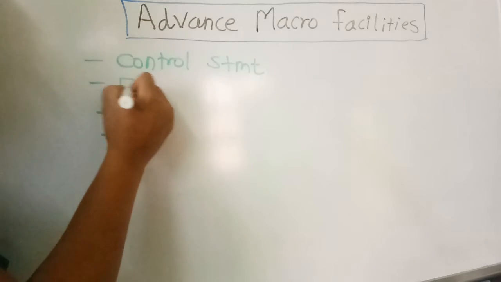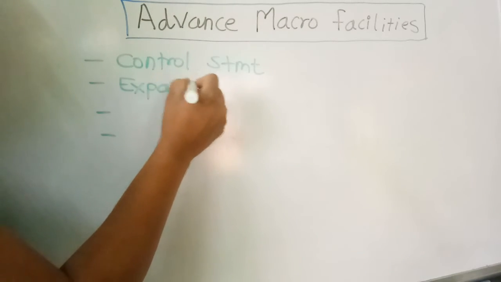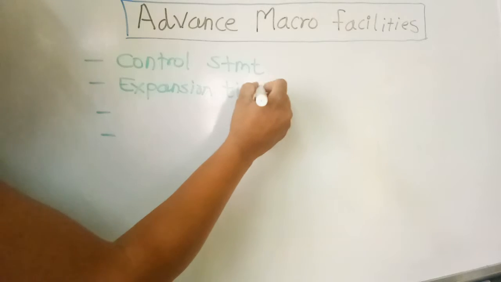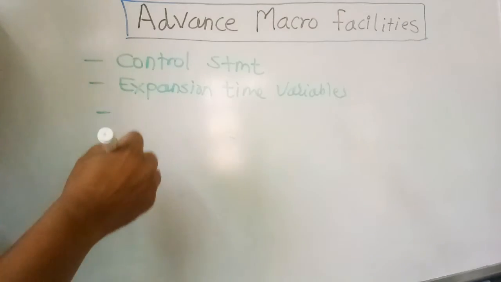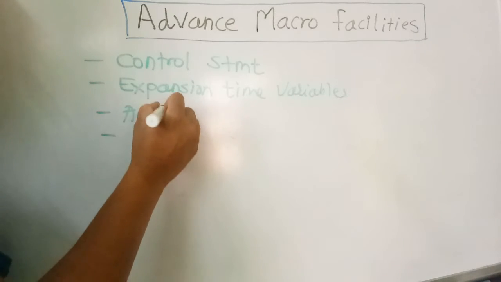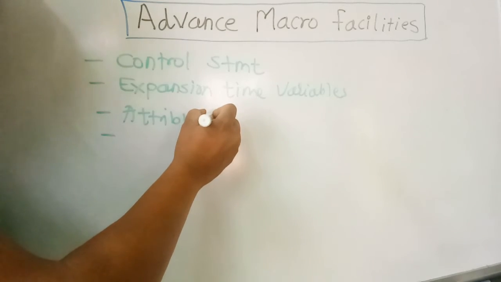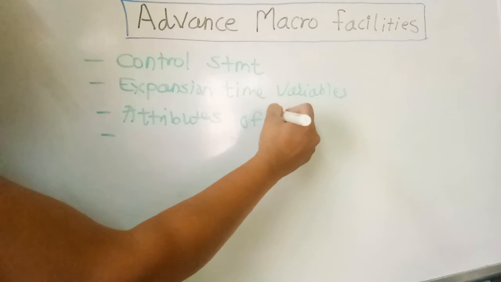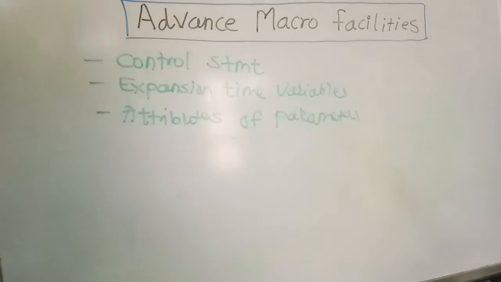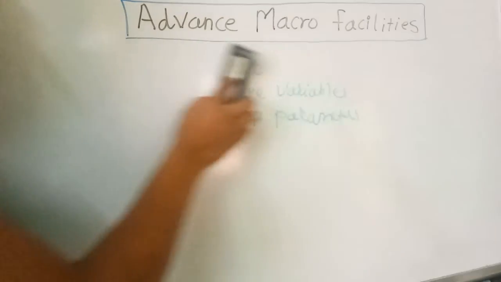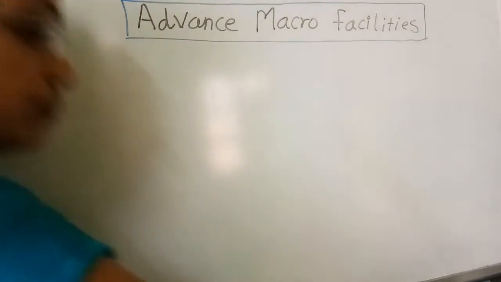Next is the expansion time variables, and third is the attributes of parameters. These are the different facilities we can use with macro programming. Now, we will see all of them one by one.